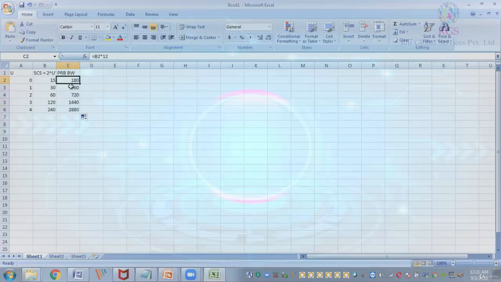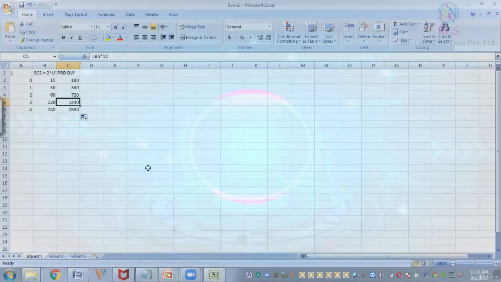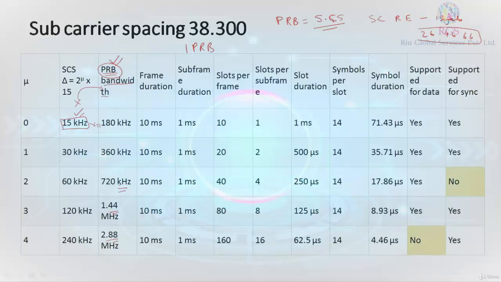So 180 kilohertz, 360 kilohertz, 720 kilohertz, 1440 kilohertz, which is also known as 1.44 megahertz, right? In our calculation, it is going to be 2800 only. Okay. Then the next thing is, so I hope everyone understands what a PRB is.